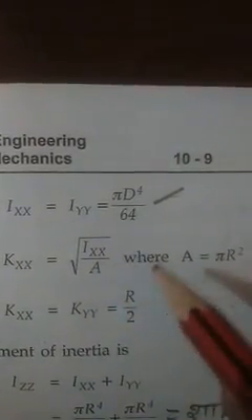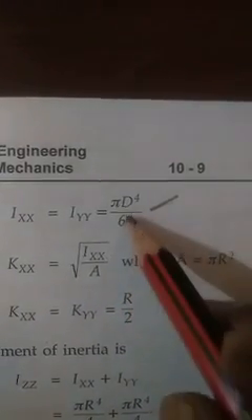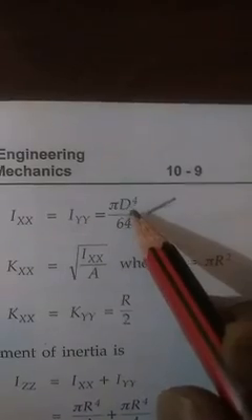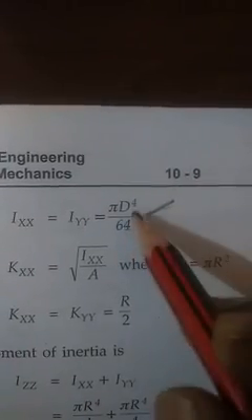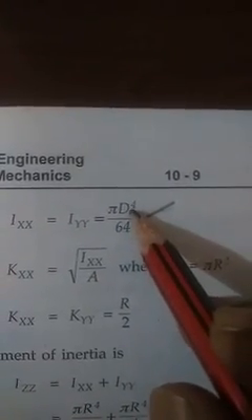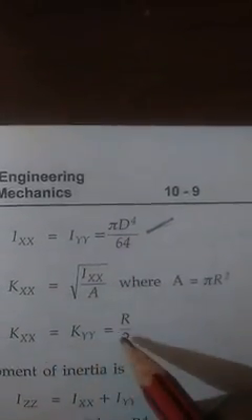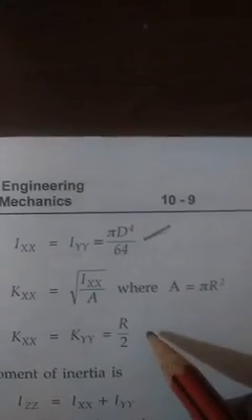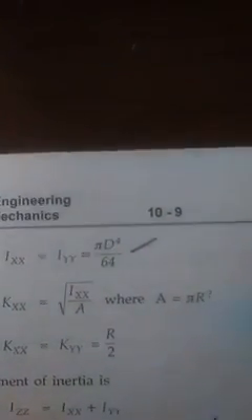Area is pi r square, Ixx is pi d to the power of 4 divided by 64, and d is equal to 2r. So finally kxx and kyy will become r divided by 2. So the radius of gyration will be r divided by 2 for the circular section.